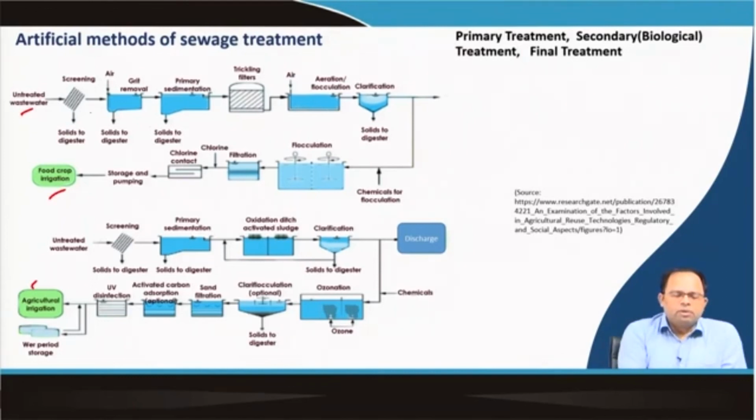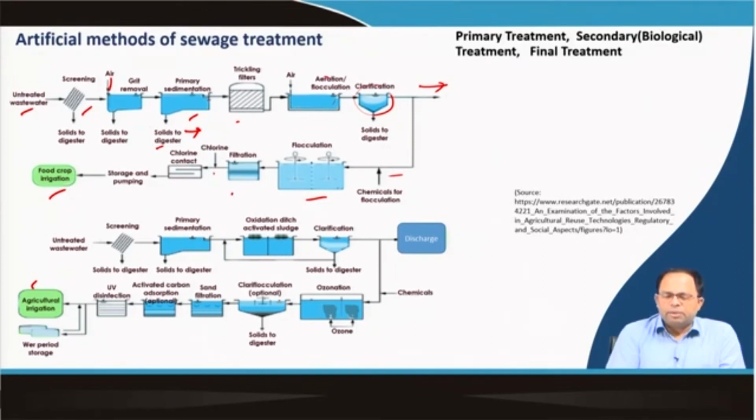So, we have untreated wastewater, we have screens, then we have grit removal, some amount of aeration is also done over here, and then we have the primary sedimentation tanks, solids go to the digester, this is the sludge digestion tank. Then we have a trickling filter, then again an aeration and a flocculation basin, then secondary clarification, and then finally we can get rid of some of this effluent over here. After clarification we can have flocculation, filtration, then chlorine as well.